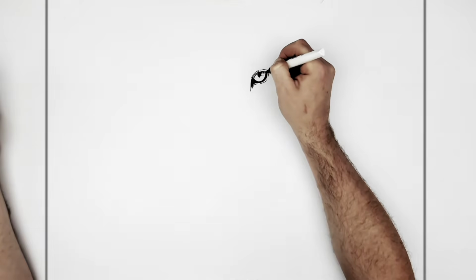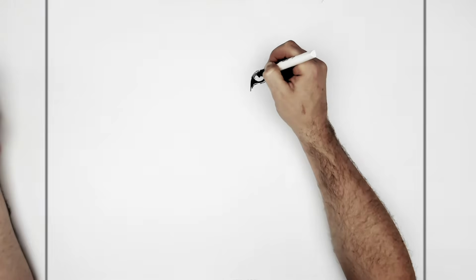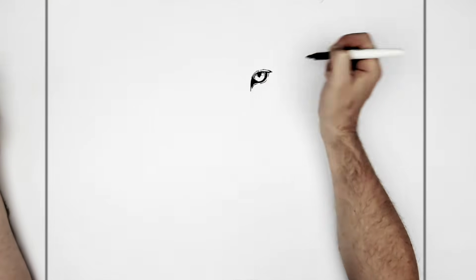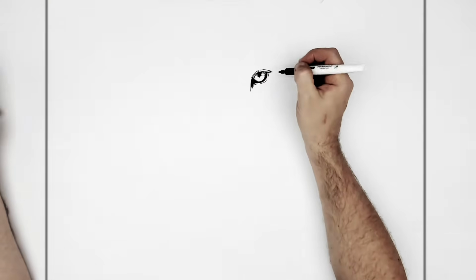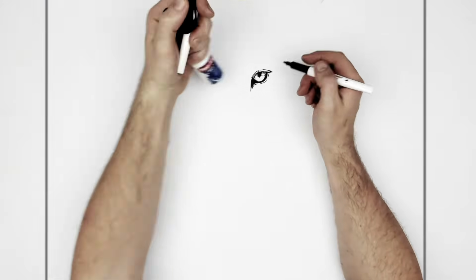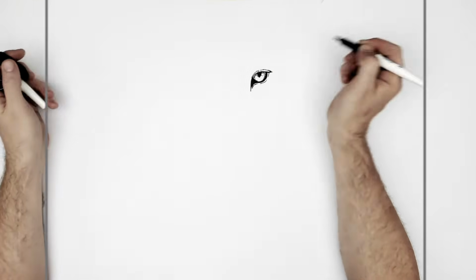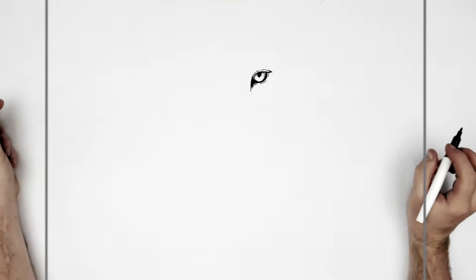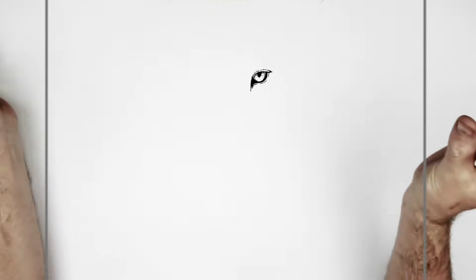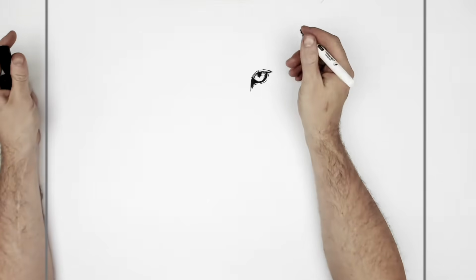You're just crossing lines to make it look a bit shadowed. And another way of doing highlights, of course, is white paint or Tipex or something, dabbed on top. Another way of doing it, okay? So one cat eye done.